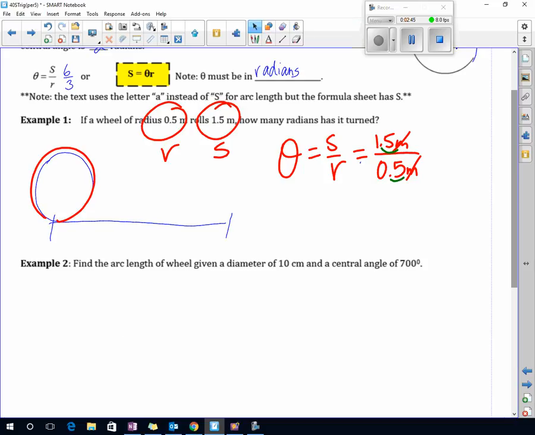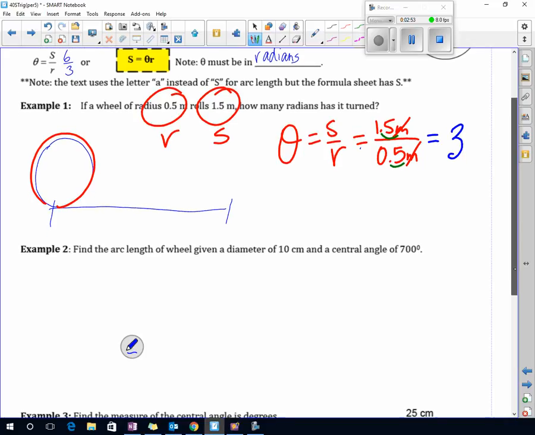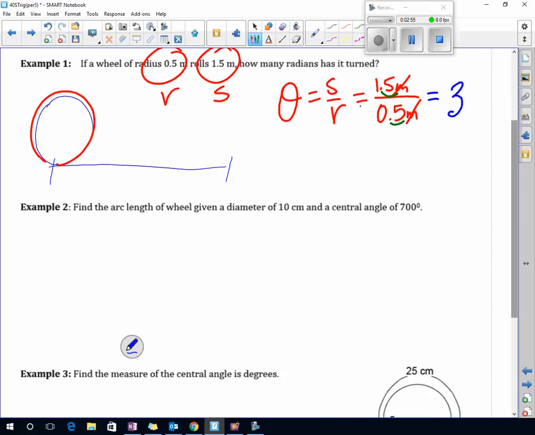Okay. Find the arc length given the diameter is 10 and the central angle is 700. If I need to find my arc length, I need to know theta, which has to be in radians. So what's the first part of the question? Yeah, they give you your theta in degrees. How do I change 700 degrees to radians?